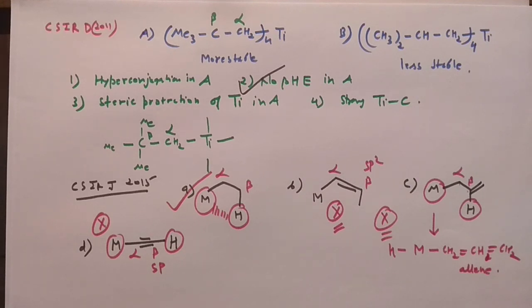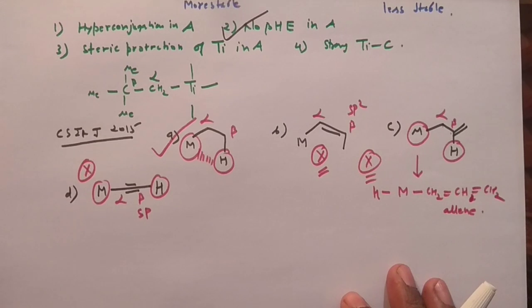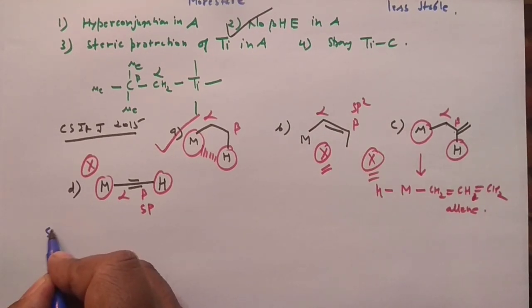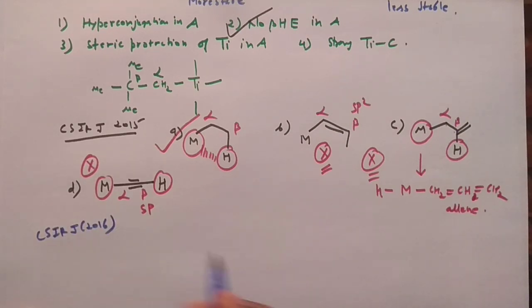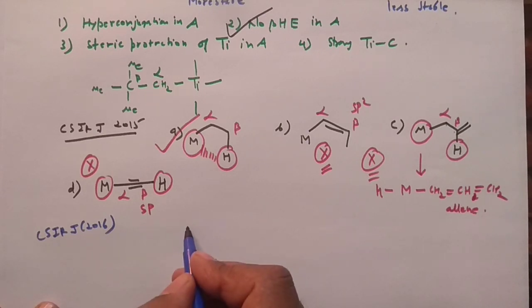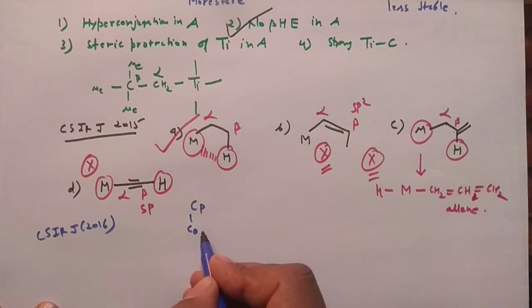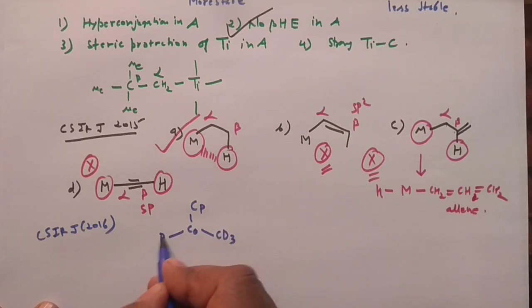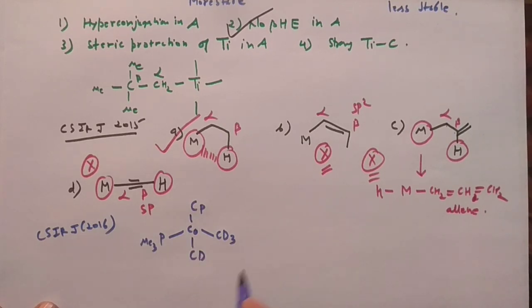Then you can see another question which they have asked in CSIR NET June 2016. They have given you the reaction. In the center, Co is there, then Cp is there, here they have written the CD3, here also PMe3 was there, so in that case you have written the CD3, right?